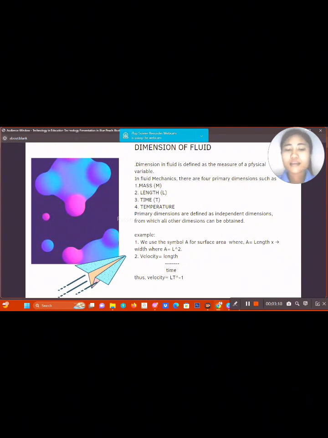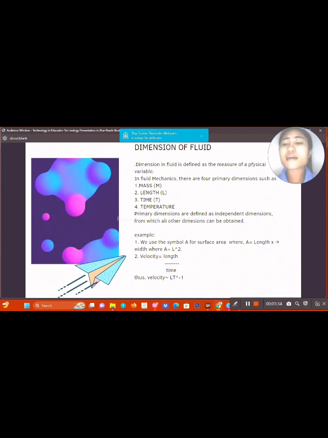Second is velocity. Since velocity equals length over time, where length is length and time is time, therefore velocity equals length times time raised to the power of negative 1. Why is the time negative?